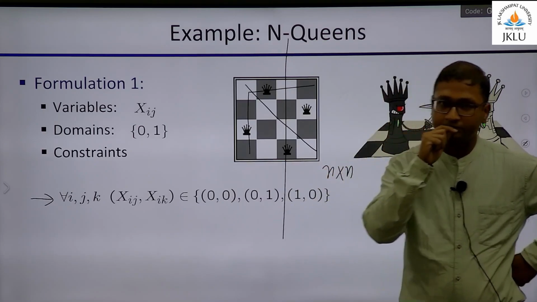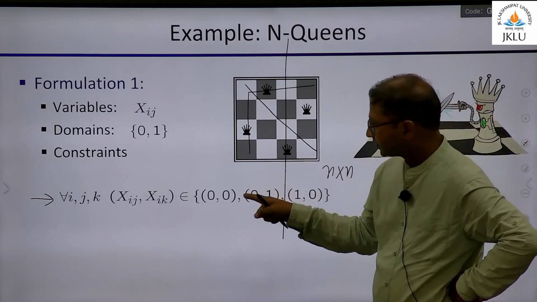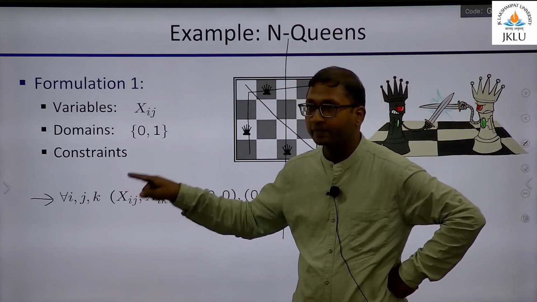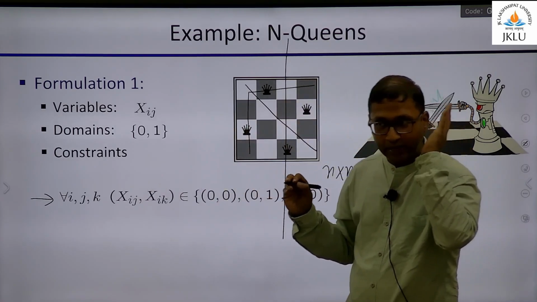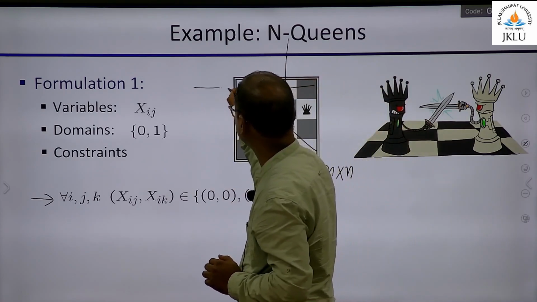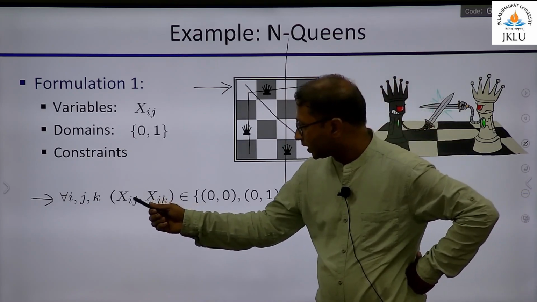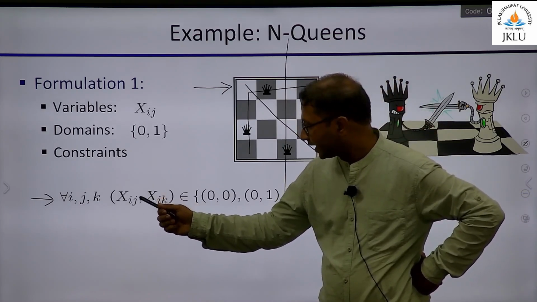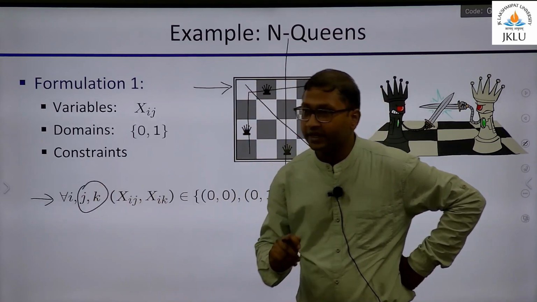What does it mean? And have you noticed something here in this case? I is same, right? What does this mean? If I put I equal to 1, so I am talking about first row. So x1j, x1k for all j and k.